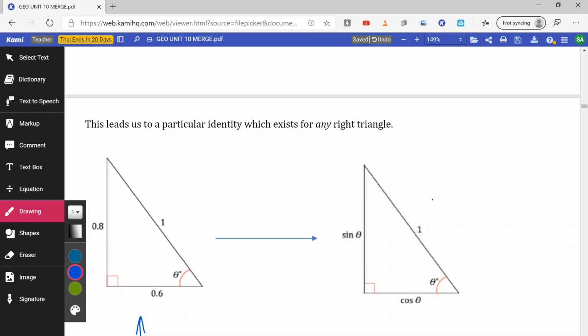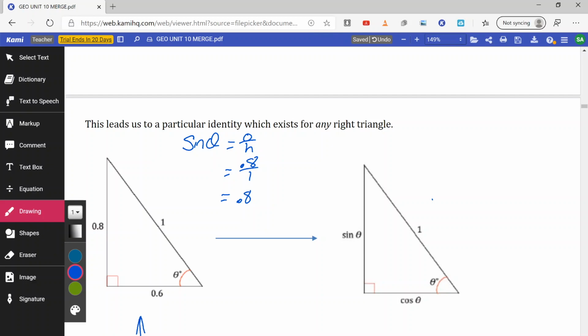Well, if we remember our acronym, SOHCAHTOA, sine of any angle is equal to the opposite over the hypotenuse. So sine of theta here is going to be 0.8 over 1. And again, it's a fraction, which denotes division. Anything divided by 1 is itself, 0.8.